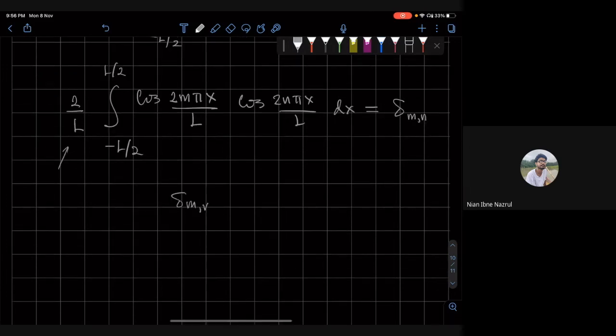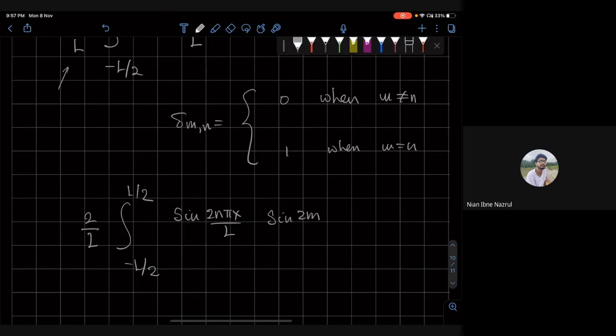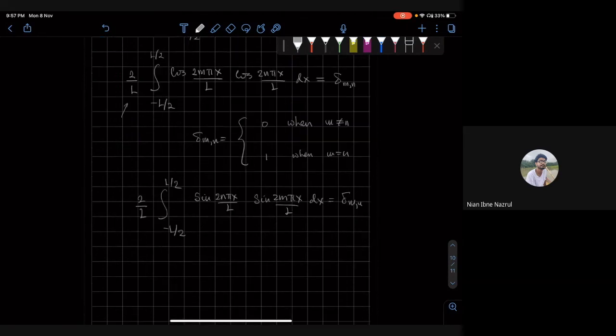Delta mn is 0 when m is not equal to n. It's 1 when m is equal to n. So this is another relationship. And similarly, if instead of cosines we have sines, sine of 2n pi x over L, sine of 2m pi x over L, dx, that also gives us delta mn. Okay, so these are the three orthogonality relationships that we use.